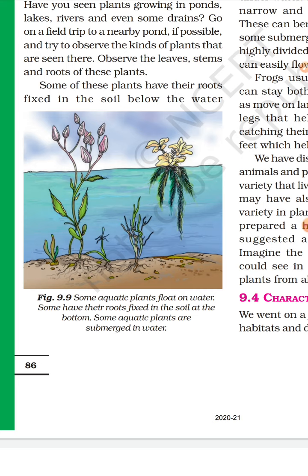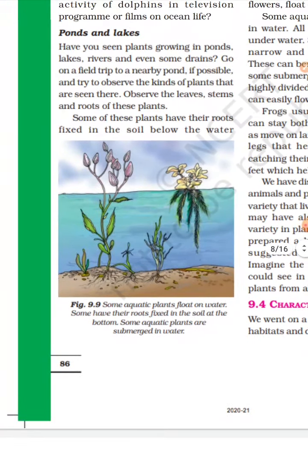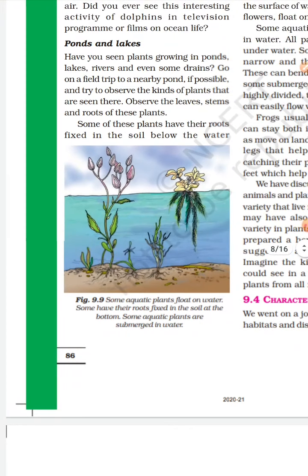They breathe in air through nostrils or blowholes that are located on the upper parts of their heads. This allows them to breathe in air when they swim near the surface of water. They can stay inside the water for a long time without breathing. They come out to the surface from time to time to breathe in air.